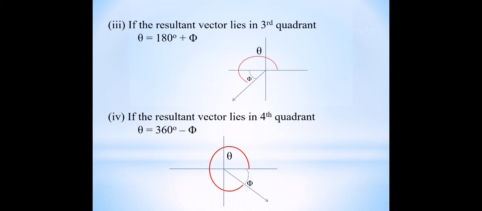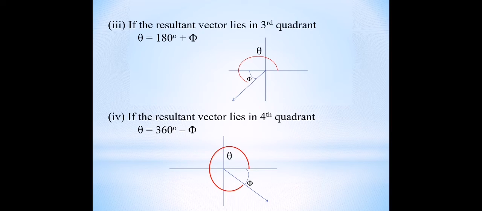And number 4, if the resultant vector lies in the fourth quadrant, here you can see our resultant vector lying in the fourth quadrant, and phi is the angle of our vector with the positive x-axis but in the opposite direction. The standard direction of angle is always taken anti-clockwise.